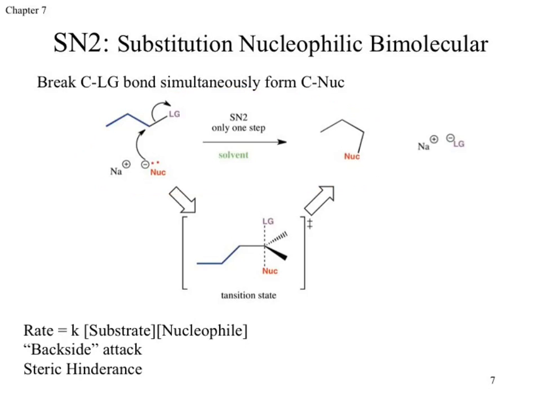So our rate is going to be equal to our rate constant times the concentration of our substrate times the concentration of our nucleophile. You may or may not have heard of this when you took 152 and you looked at these rates, and even with your equilibrium constant. Is it really a concentration that shows up in these?